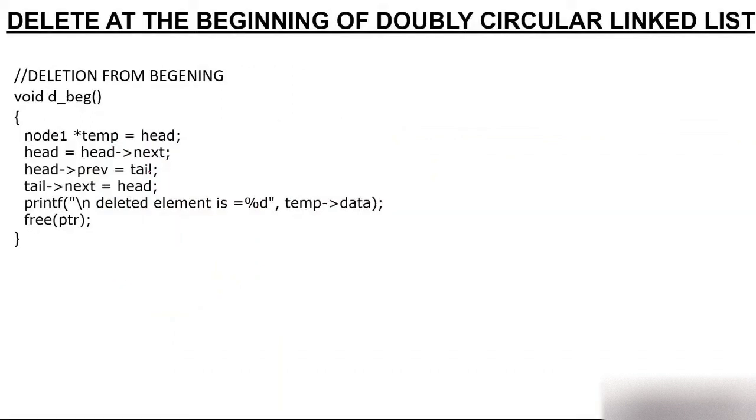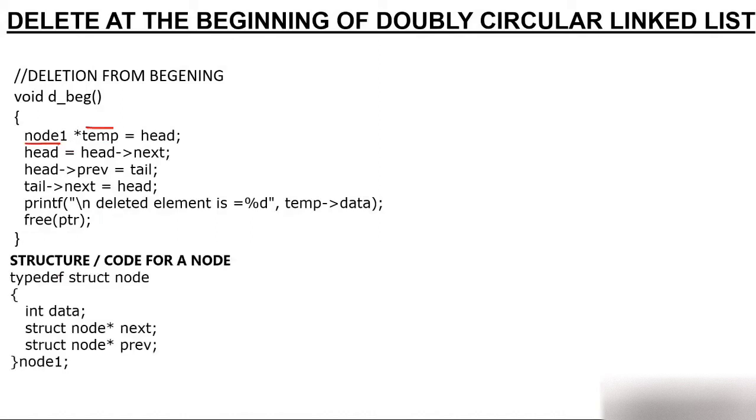Here you have a del back function where you have created a pointer temp of data type node 1. What is node 1? I told you many times, when you created the doubly linked list, you created a structure having the name node. There are three parts of this structure. One is data, that is the data of a node. Then you have two pointers, one next and one previous.